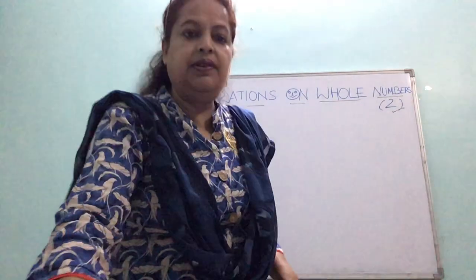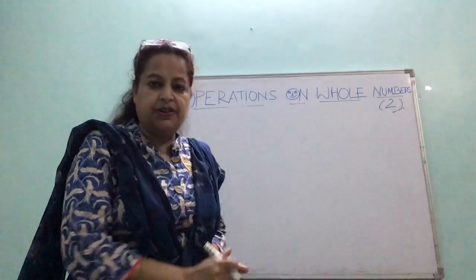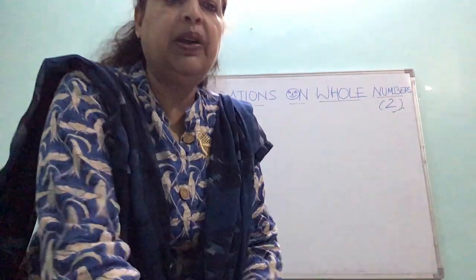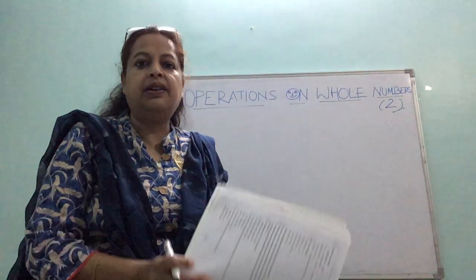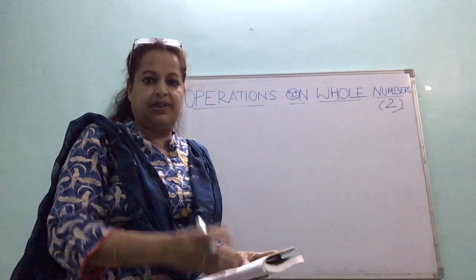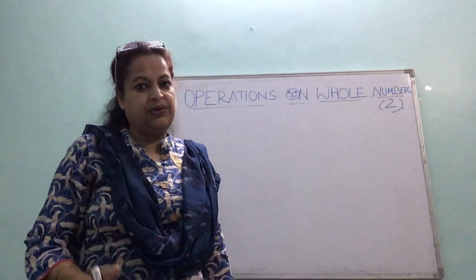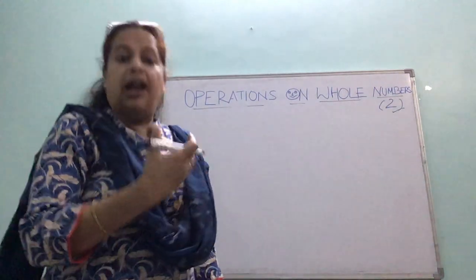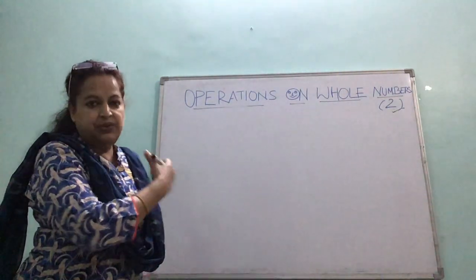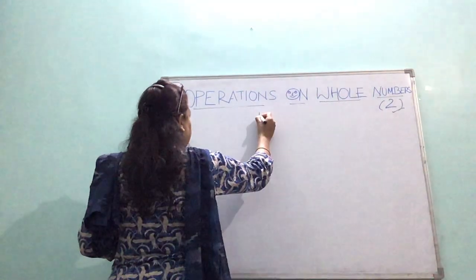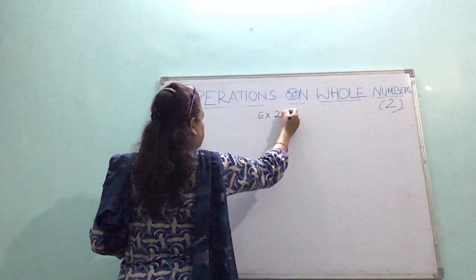Now how to use these properties, or what is the purpose of these properties, will be clear from these questions. We come across such situations in our daily life also, and we handle those numbers by using those properties only. So right now I am starting with exercise 2A.